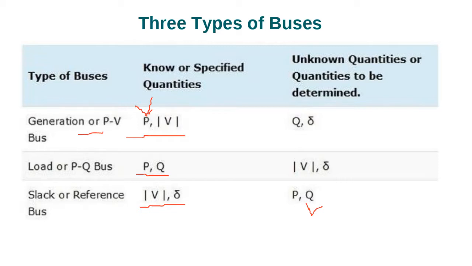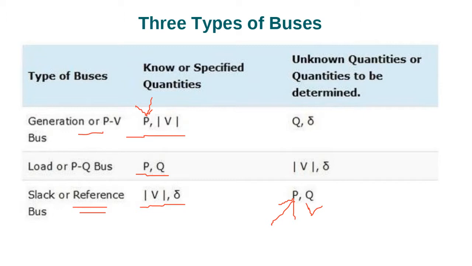If the load is increased or decreased, what about the losses? This will be taken care of from the slack bus. We did not specify the P, so the rest will be specified by the reference bus or the slack bus. The rest of what?